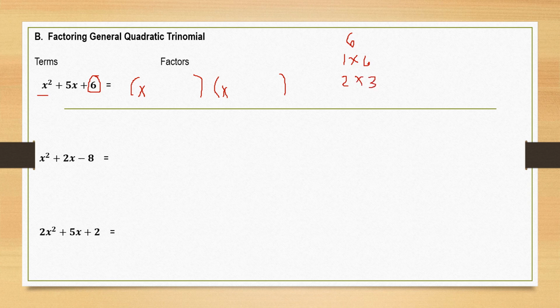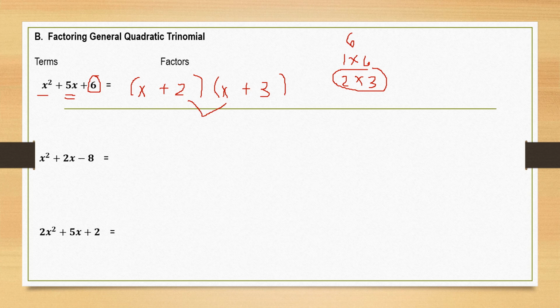Among the factor pairs, which will give us 5 when added? That is 2 times 3. Therefore, we have x plus 2 and x plus 3.